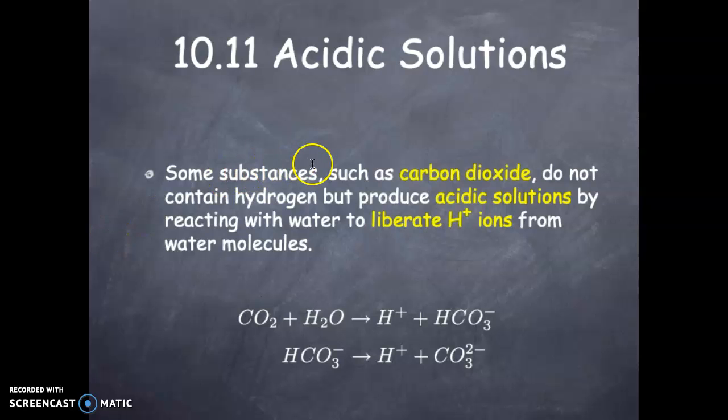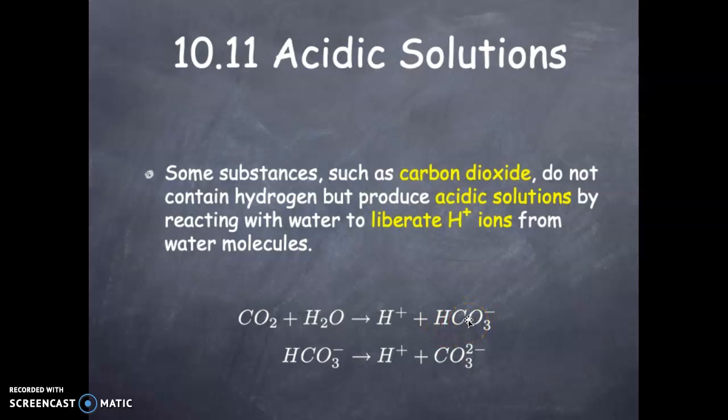Acidic solution. Some substances, such as carbon dioxide, do not contain hydrogen, but produce acidic solutions by reacting with water to liberate the hydrogen ion from the water molecule. So you can simply combine CO2 with water and you get hydrogen ion and this bicarbonate ion.